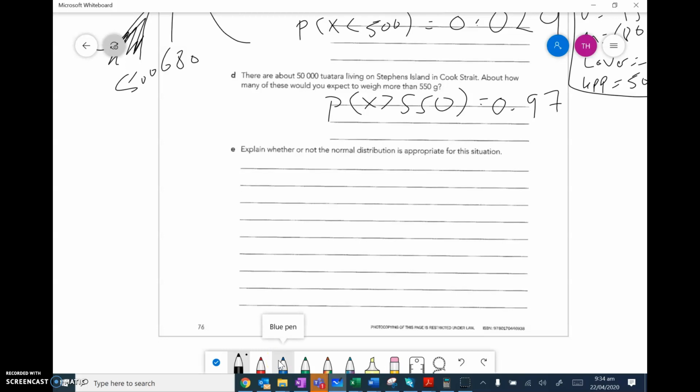Now, it says there are about 50,000 tuatara. How many would you expect to weigh more than 550 grams? So 97% are going to weigh more than 550 grams. So I need to go 0.97 times 50,000.